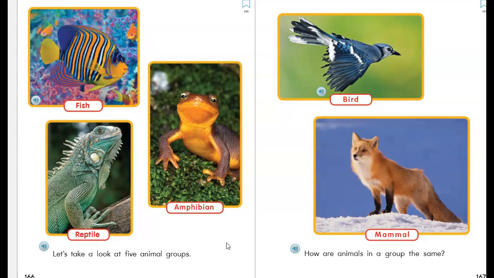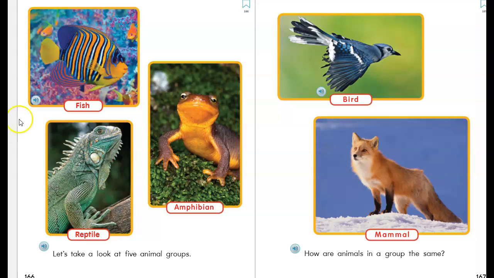How are animals in a group the same? Let's think. All of the animals in the bird group will most likely have wings, feathers, and a beak.